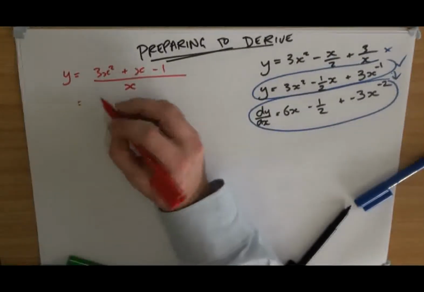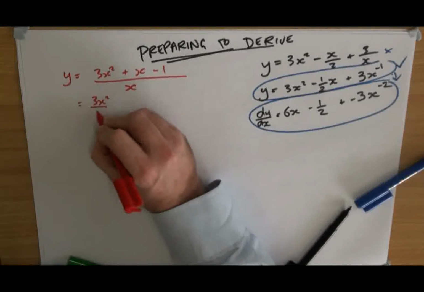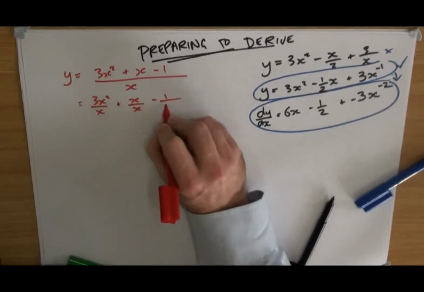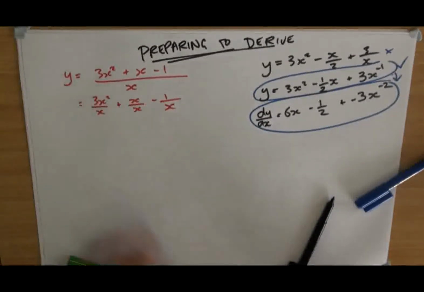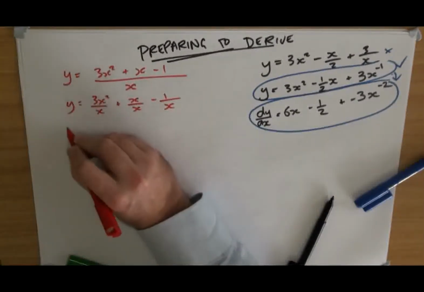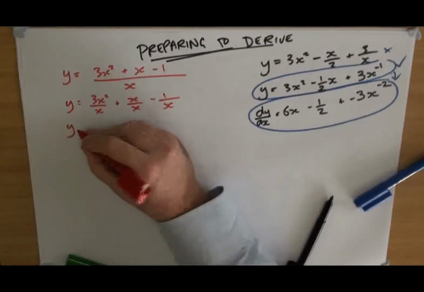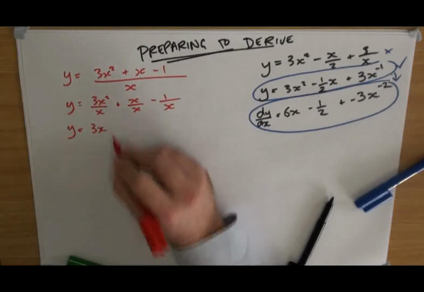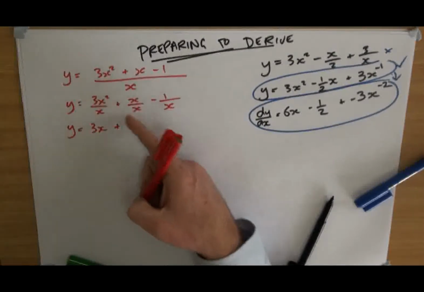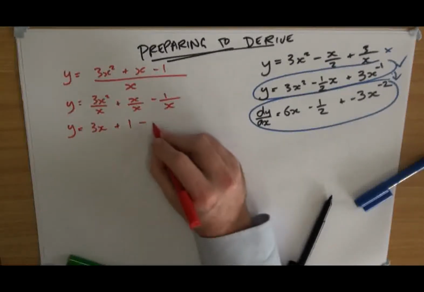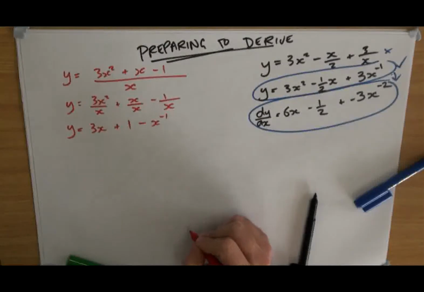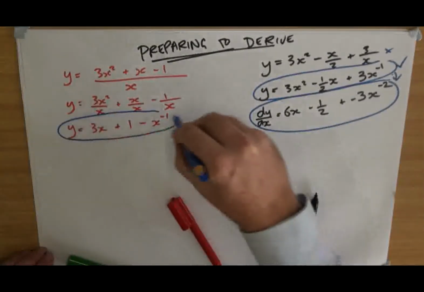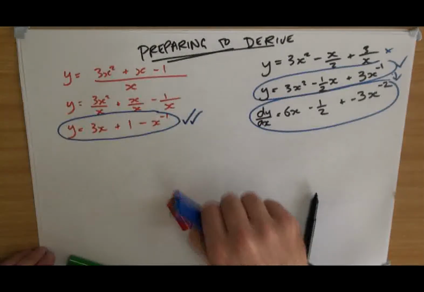What we're going to do is split it up into 3x squared over x plus x over x minus 1 over x. And I'm still not happy with that. This is still y equals. Y is going to equal 3x, because I'm cancelling out those two x's, plus 1, because I'm cancelling out those two x's, minus x to the negative 1. Now I'm in a good place, and I can easily derive that.